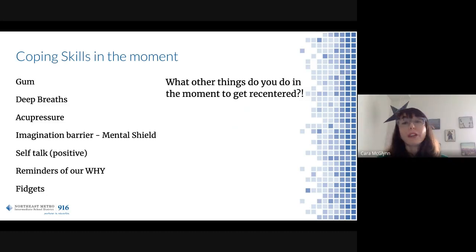An imagination barrier can be helpful. This is more of a proactive strategy, if you know that you are going into a space and place where you might be triggered. Maybe you had a really hard day with a student and it's a new day and you're feeling really anxious about dealing with them again or being in the same space with them. An imagination barrier can be really helpful. What it is, you are imagining a shield between you and the stressor.